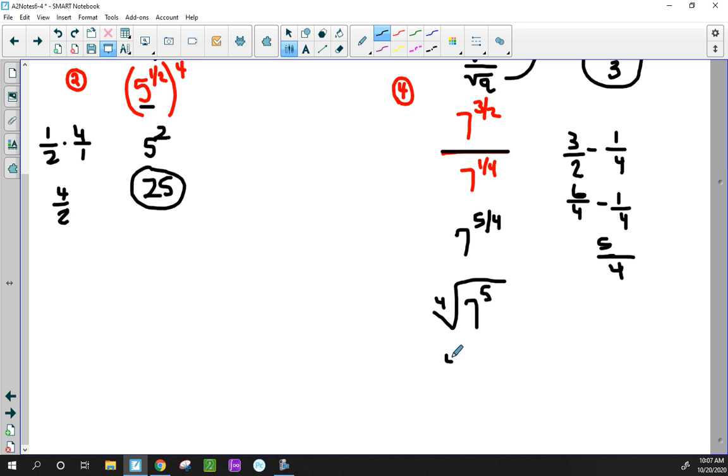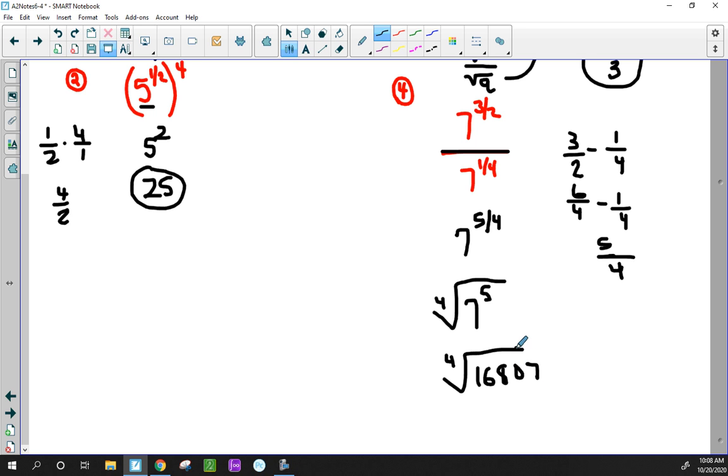And then you can even take it one step further, and don't leave a number raised to a power. Go ahead and use your calculator and evaluate 7 to the 5th. 7 times 7 times 7 times 7 times 7. You'll get this big number, 16,807, it looks like.